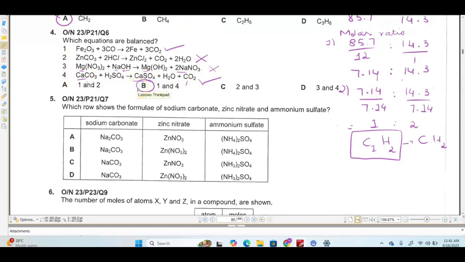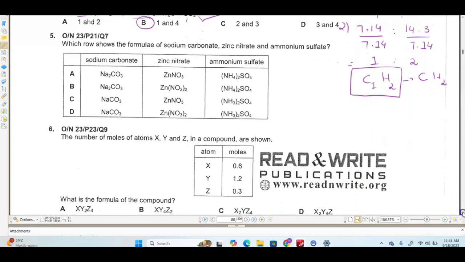Okay, moving on to question number 5. Which row shows the formula of sodium carbonate, zinc nitrate and ammonium sulfate? Okay. Now, we can use a simple method to find the formula of these compounds.